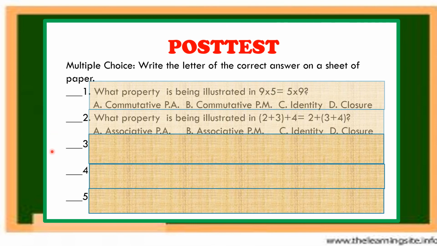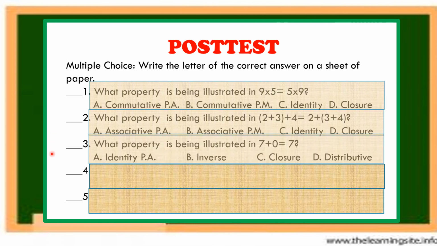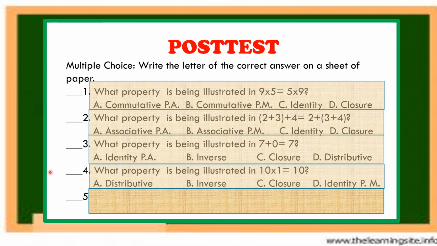Letter D, closure property. Number 3, what property is being illustrated in 7 plus 0 equals 7? Letter A, identity property of addition. Letter B, inverse property. Letter C, closure property. Letter D, distributive property.